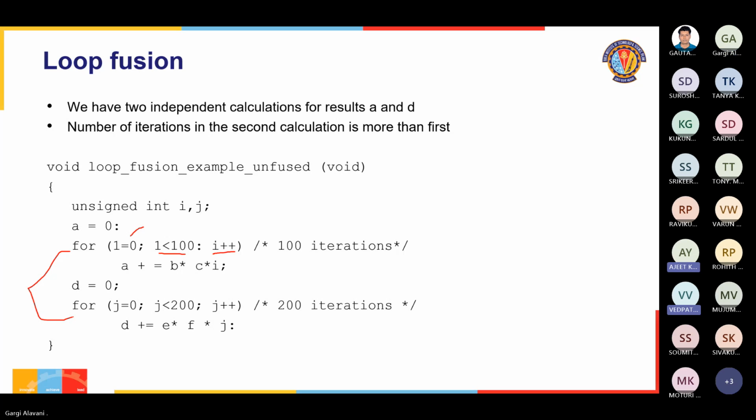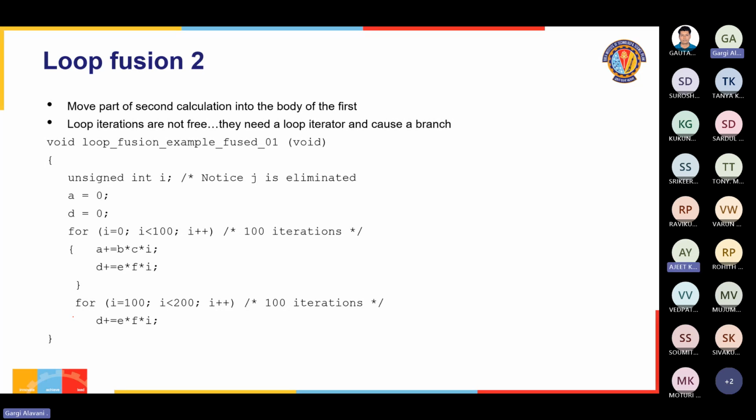A is dependent upon B and C, while D is dependent upon E, F, and J. So they both can be done in parallel. So the first for loop, which is running for 100 iterations, can take care of computing A as well as D together in a single block. And the second for loop can be executed only 100 times. Okay, so you're suggesting this solution. Yes, that's correct.